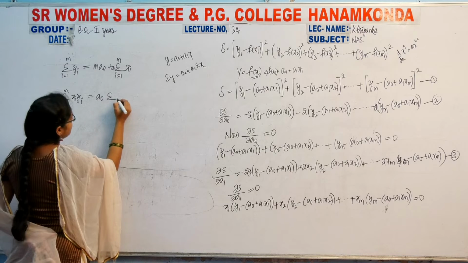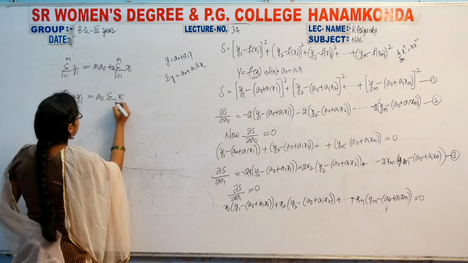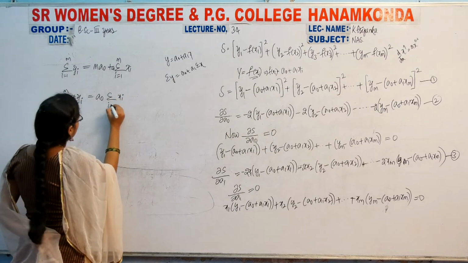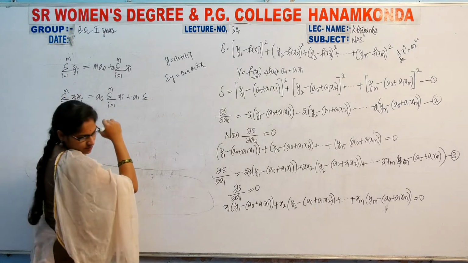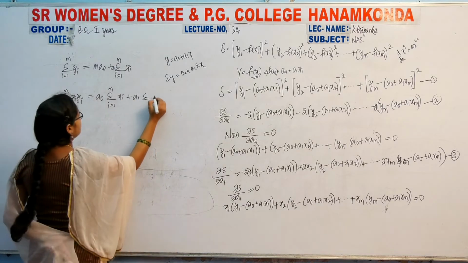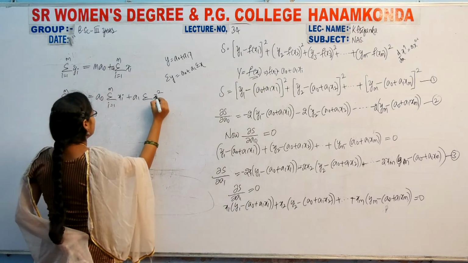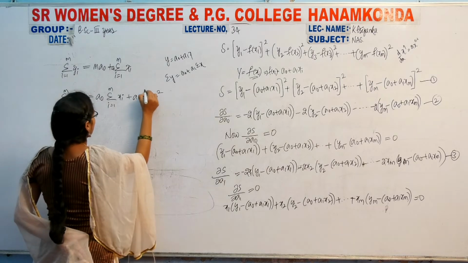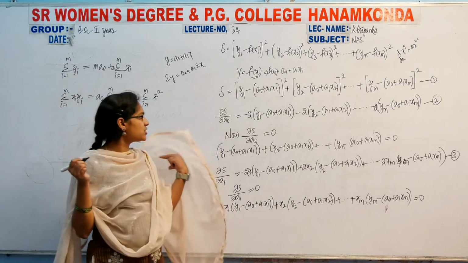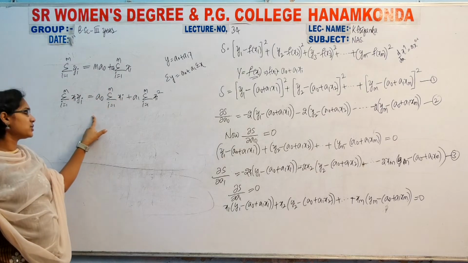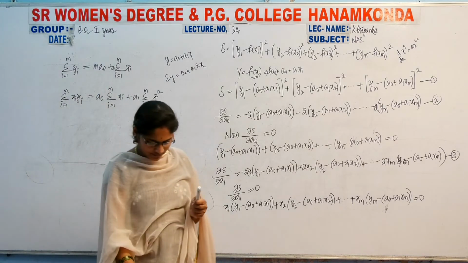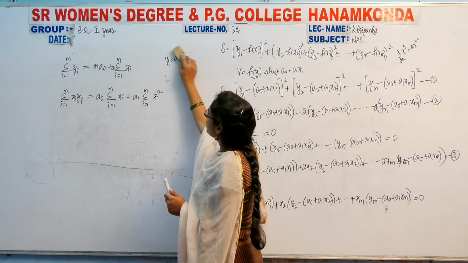From equation 2 we will get this normal equation, and from equation 3 this one. So finally, what are the normal equations?